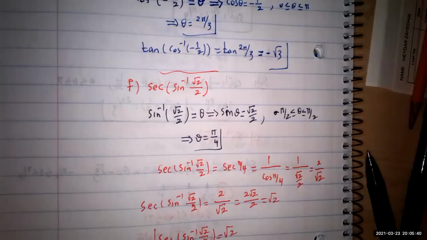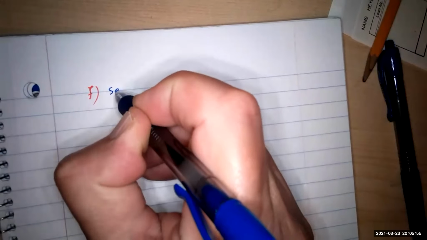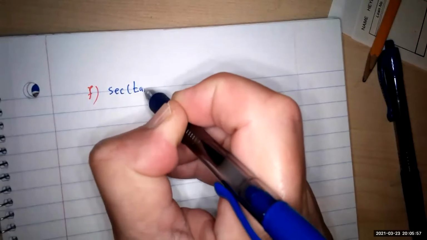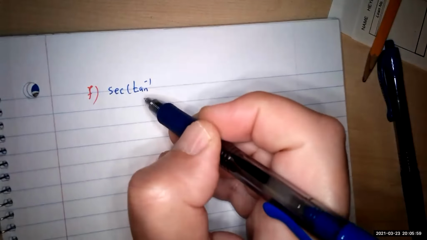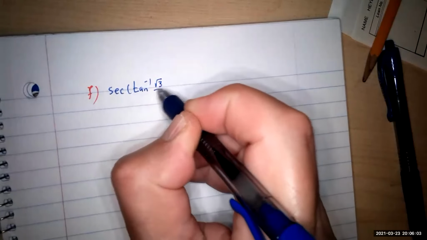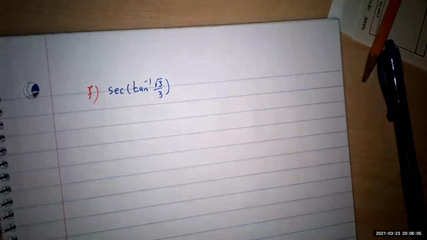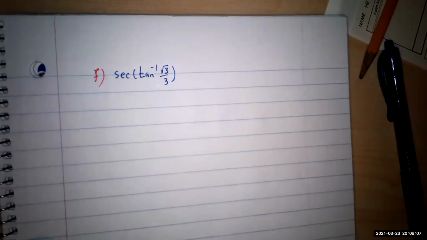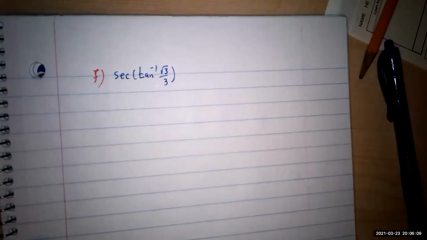The one that I posted on the canvas seems to be different, so I do that one too. You see the other one is the secant of the tan inverse of radical 3 over 3. That's the one that you have on the new version that I put over there. It's the same thing.